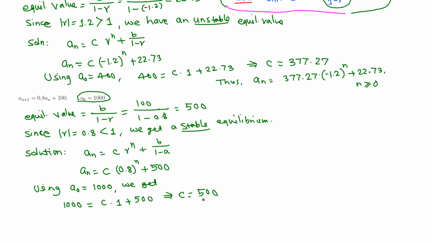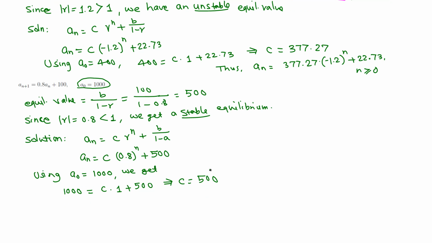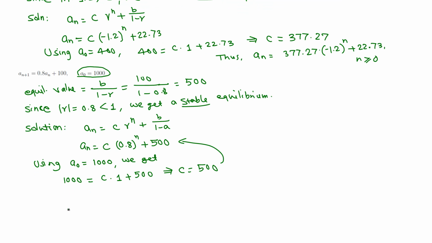Okay, now go back and plug this value here, and we get the final answer. Thus the solution is a_n equals 500 times 0.8 raised to n plus 500 for all n equals 0, 1, 2, 3, 4, etc.